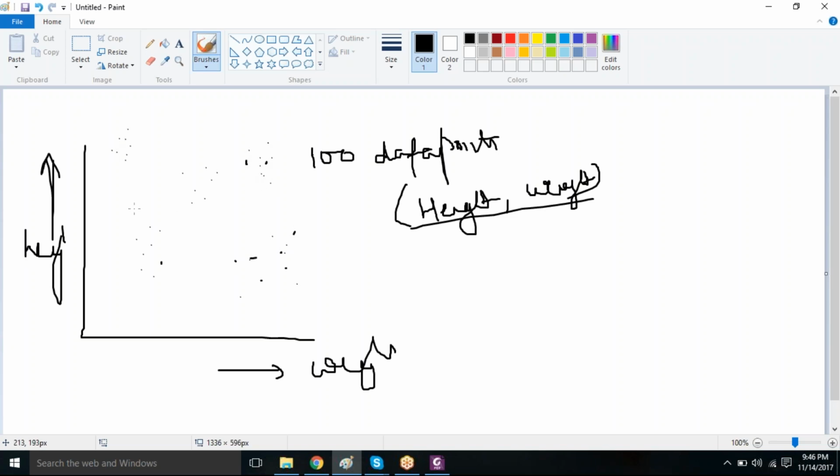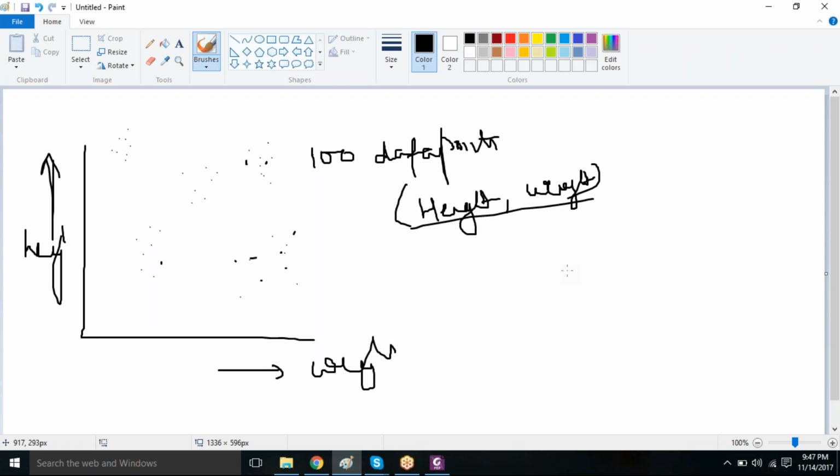Now our purpose is to find out which people will be similar in body structure. So let's say in a population of 100 people, I will have five kinds of groups, I mean five body structures.